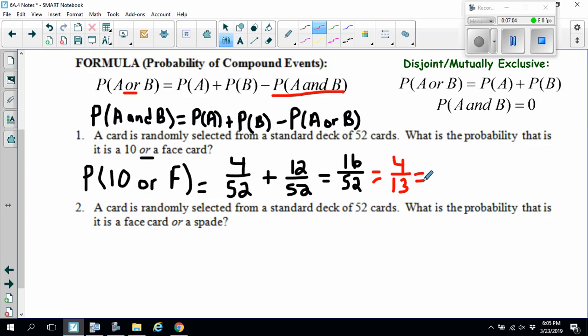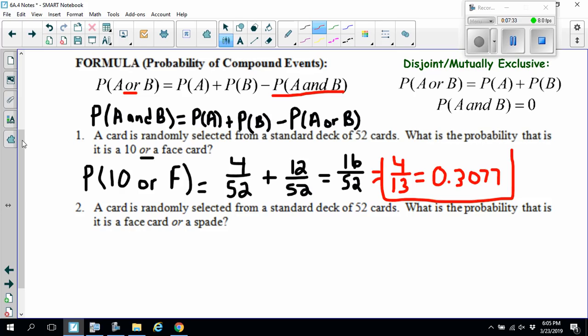If you plug 4 out of 13 in there, we're going to round for all our notes today, unless it terminates, to 4 decimal places. So it should be about 0.3077. You can either write it as a fraction or a decimal, but if you write a fraction, make sure you simplify, or just do 16 divided by 52 to get your decimal.